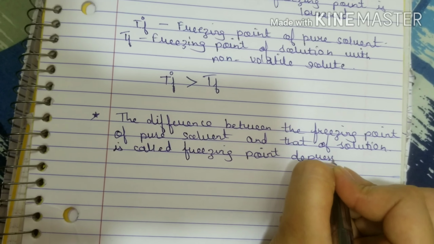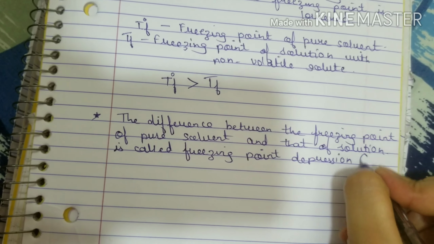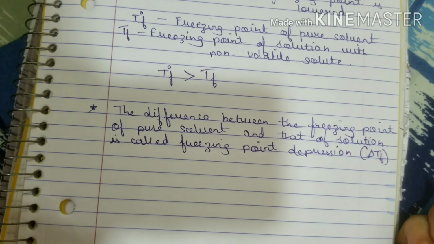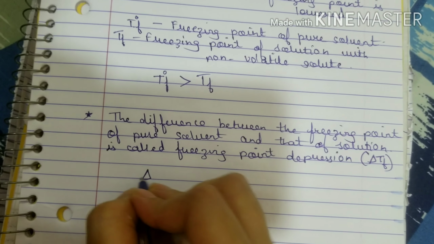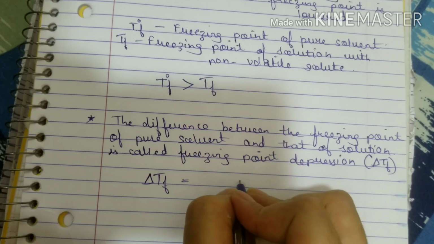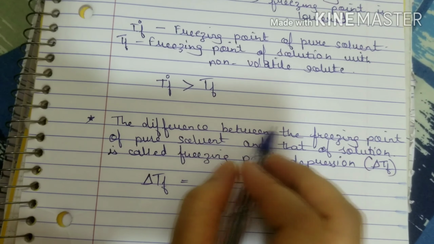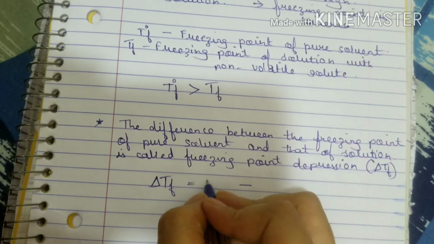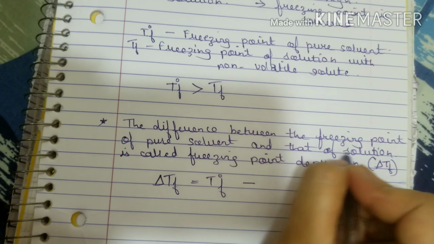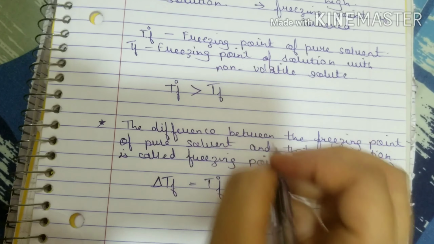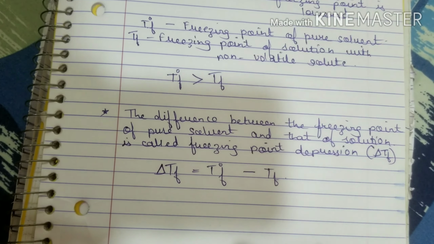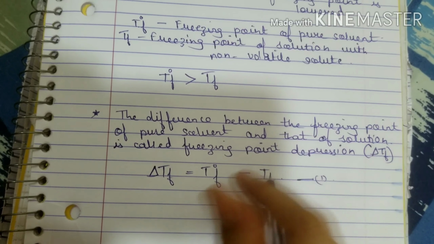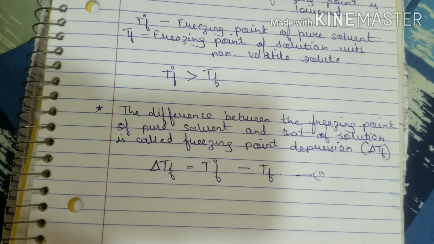This is denoted by delta Tf, because it is the freezing point. So write delta Tf is the difference, with a minus sign: the freezing point of pure solvent, denoted by T0F, minus that of solution, denoted by Tf. So this is the first equation for your freezing point depression.